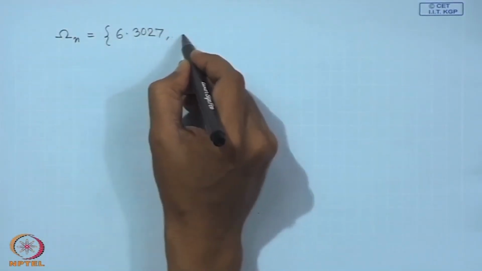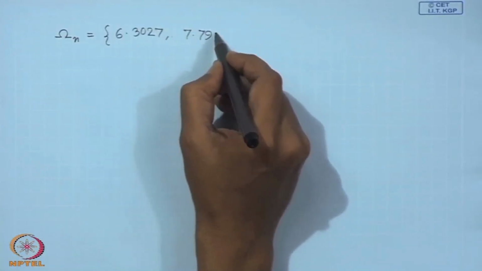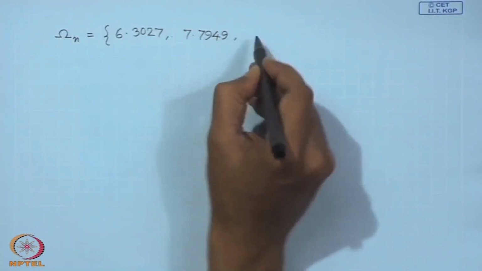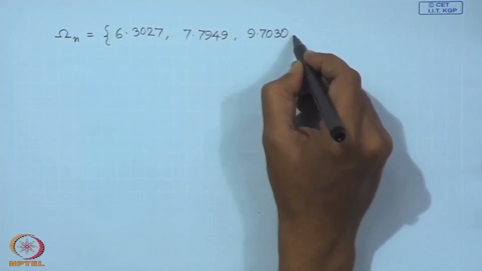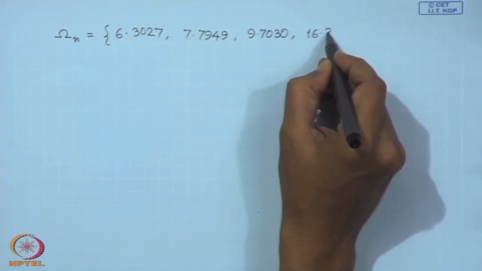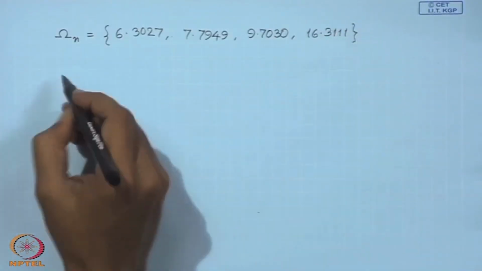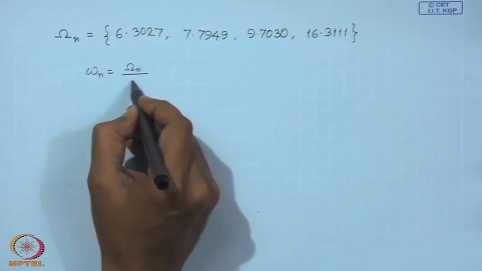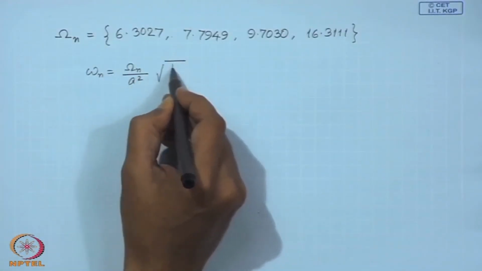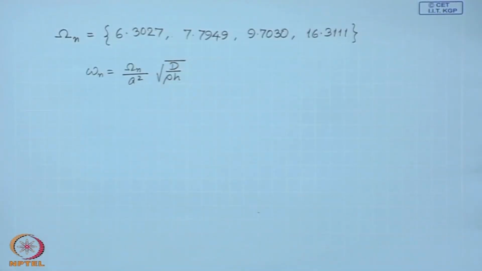The first few circular eigenfrequencies are obtained like this, and the dimensional eigenfrequencies are obtained from here.